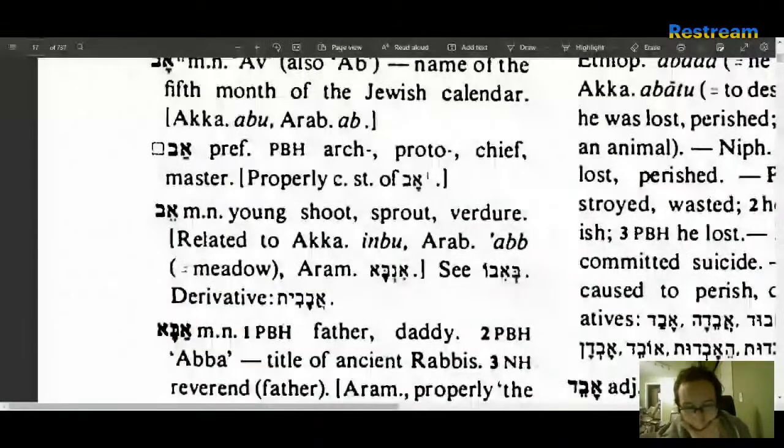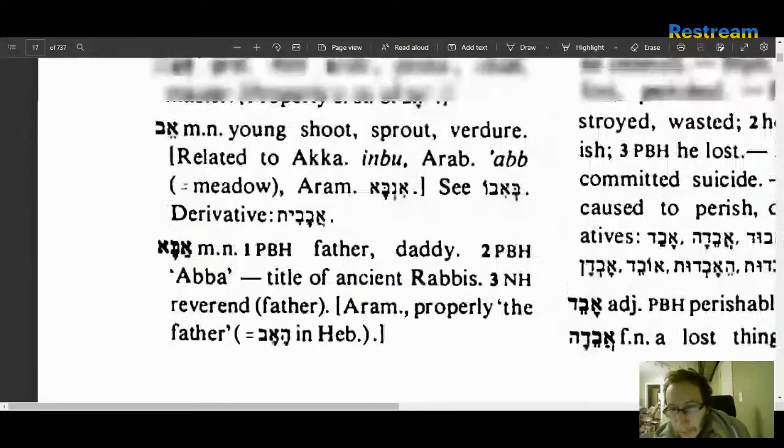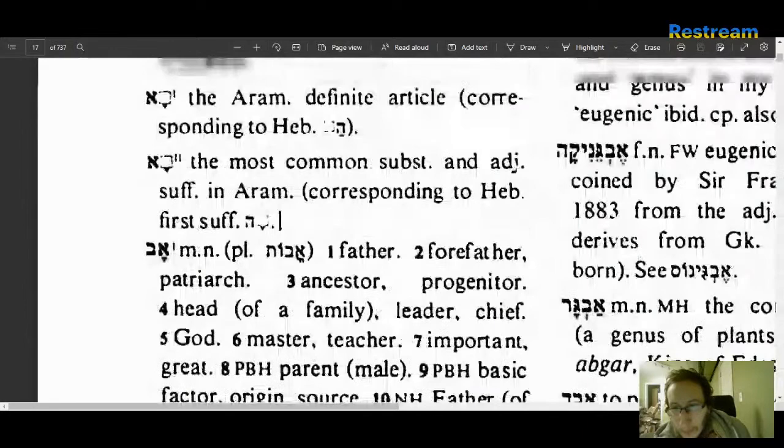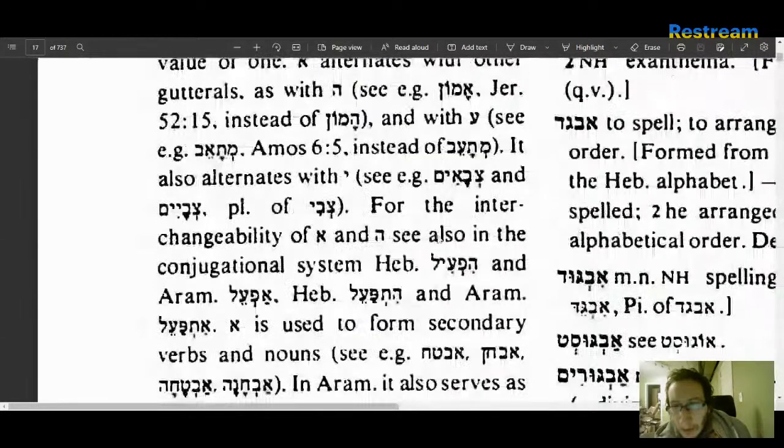So now we go back. Post-biblical Hebrew, if you want to say father or daddy, in a more casual way, you say Abba instead of Ab. Aramaic, that's where it comes from, the Abba. Okay, let's see what we got here.